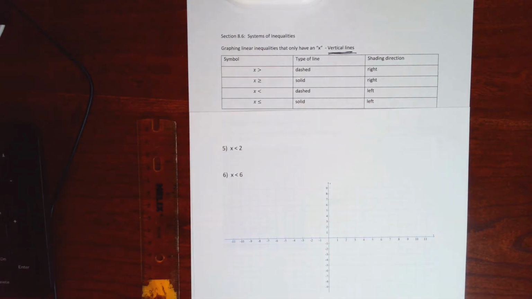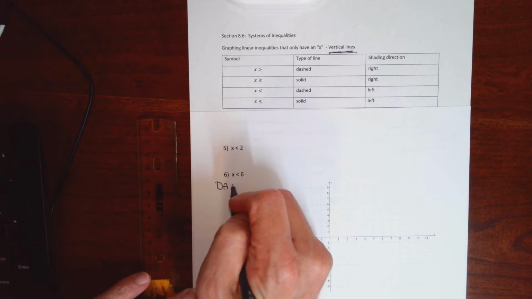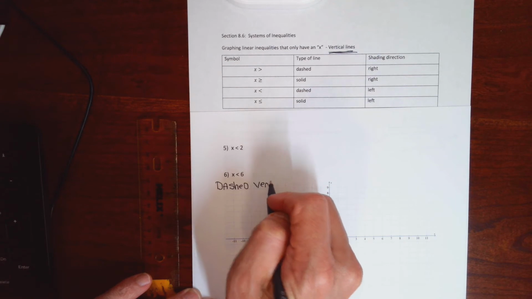Number 6 asks me to graph the line x is less than 6. So to do that, I'm going to draw a dashed vertical line through 6 on the x-axis.